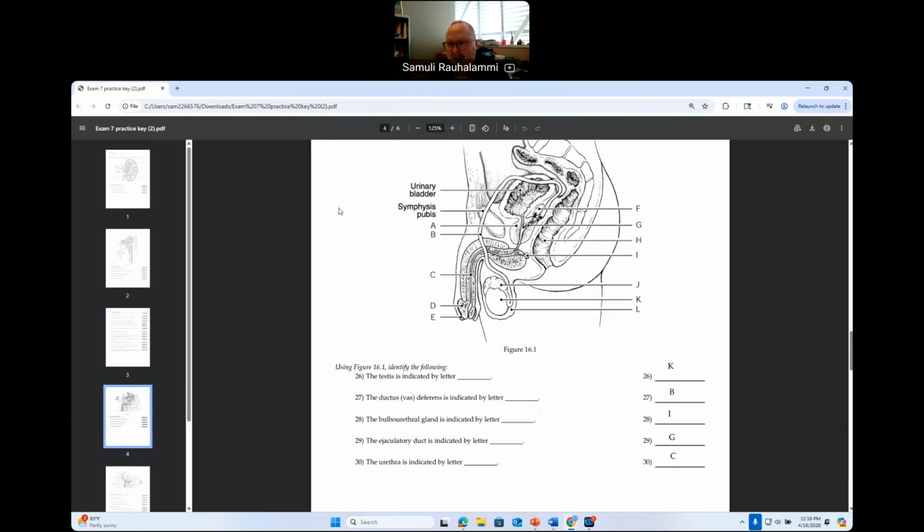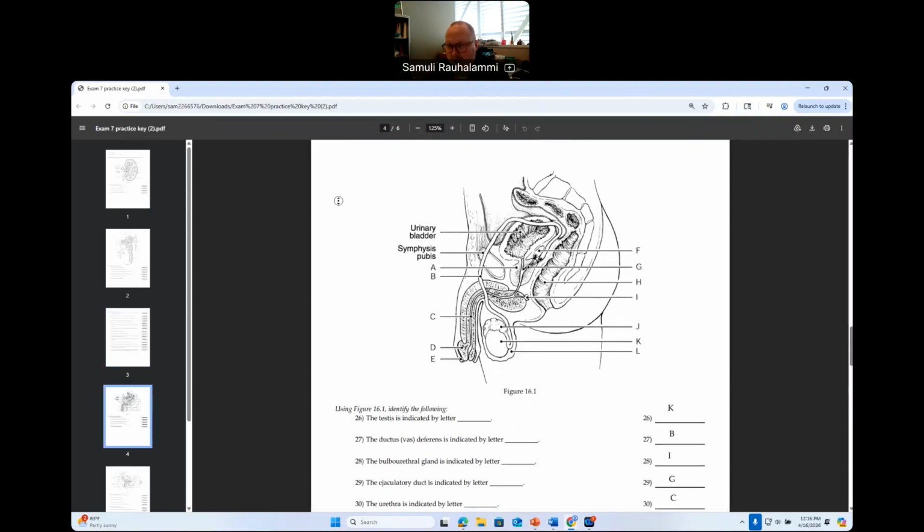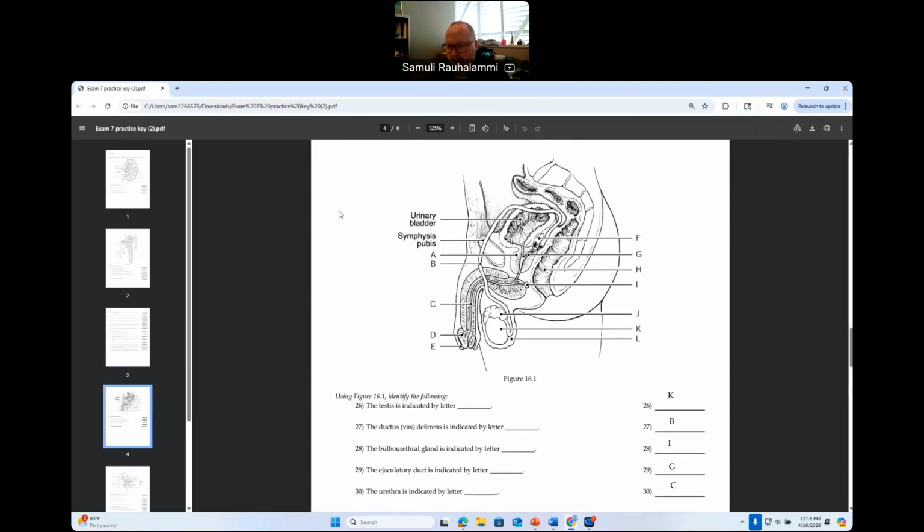Here, we see a diagram of the male reproductive system as a cross-section of the pelvis cut on a mid-sagittal plane. So the primary male sex organs were the testes. These are indicated here as letter K and captured in question 26.